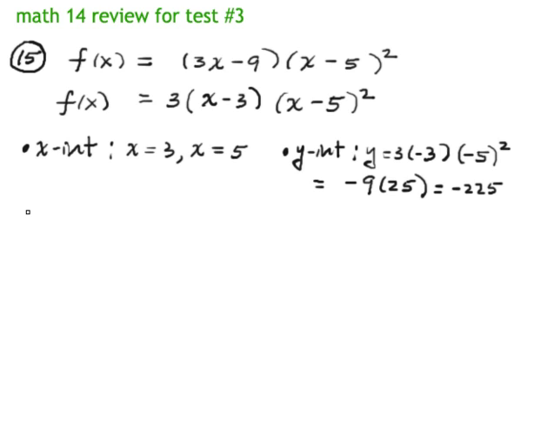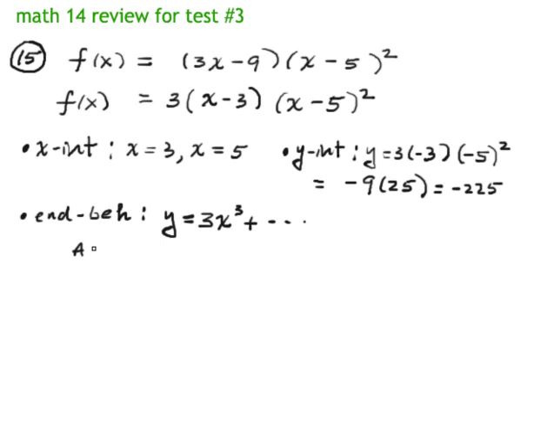And now let's do the end behavior. Well, our function has the following first term. We have 3 times x, and we get an x squared from here. So that's 3x times x squared, that's 3x cubed, plus other terms.